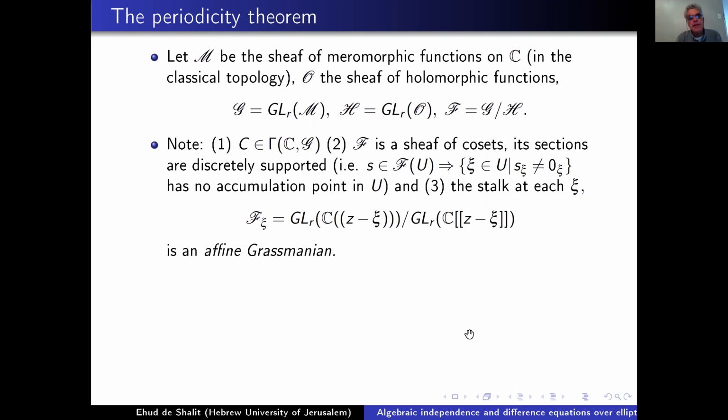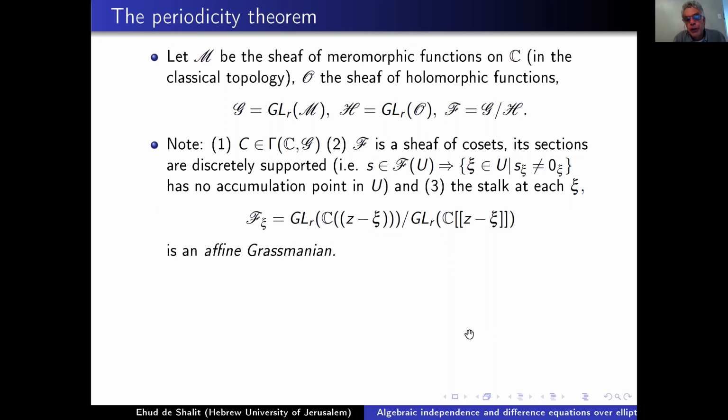First of all, this matrix C, which is a global matrix of meromorphic functions, remember, it started its life as a matrix in GL_r of F, but we managed to show that actually it's a matrix whose entries are globally meromorphic, so it is a global section of G, of course.